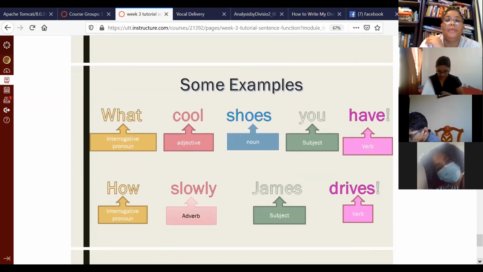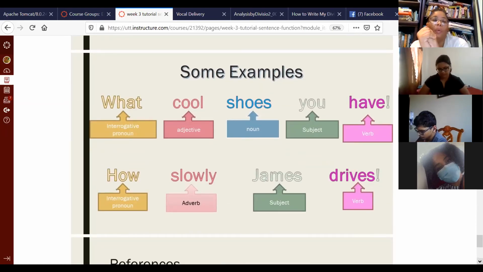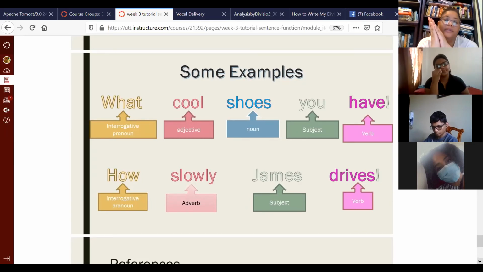So some examples. What, the interrogative pronoun. Cool, the adjective. Shoes, noun. Subject, you. Main verb, have. If this was a declarative sentence, we would say, you have cool shoes.